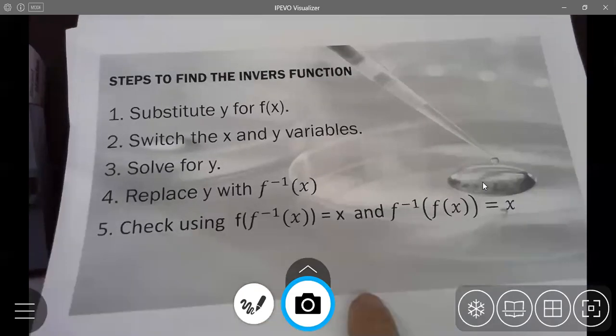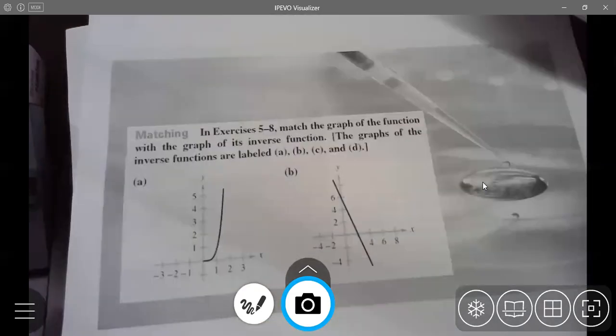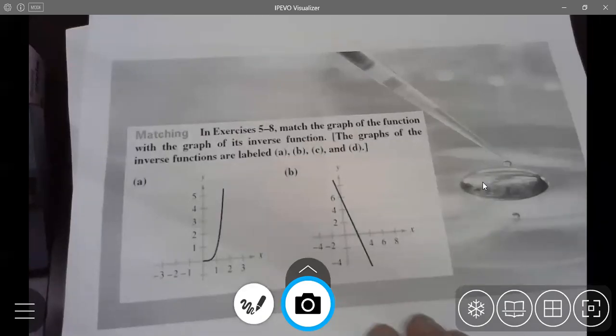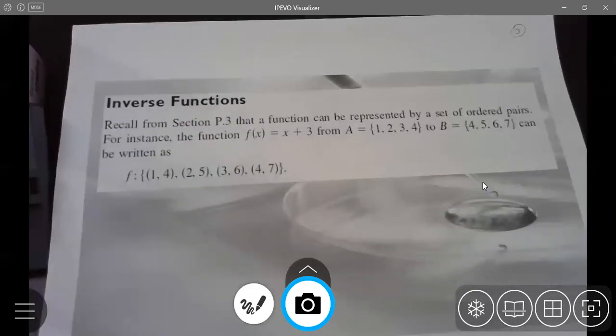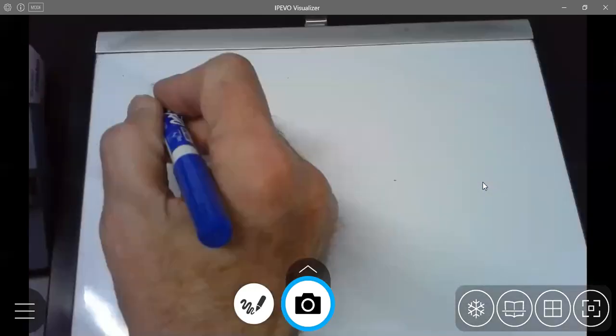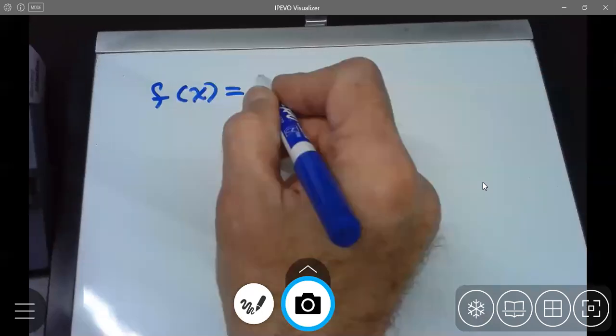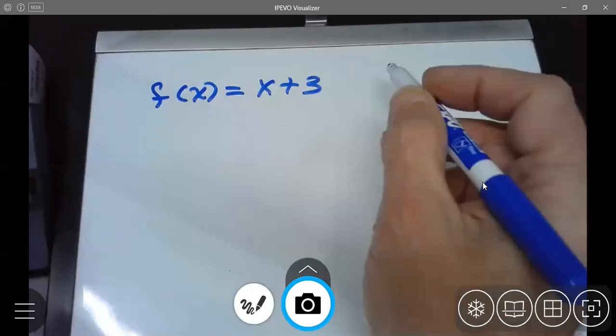All righty, so before we move on to this slide here, if we go back to this example, we have f of x equal to x plus 3.